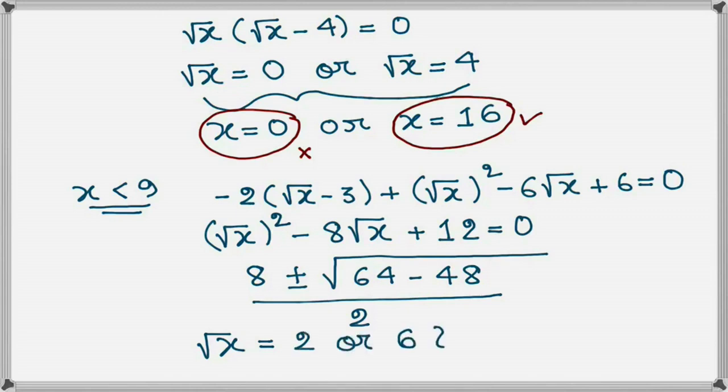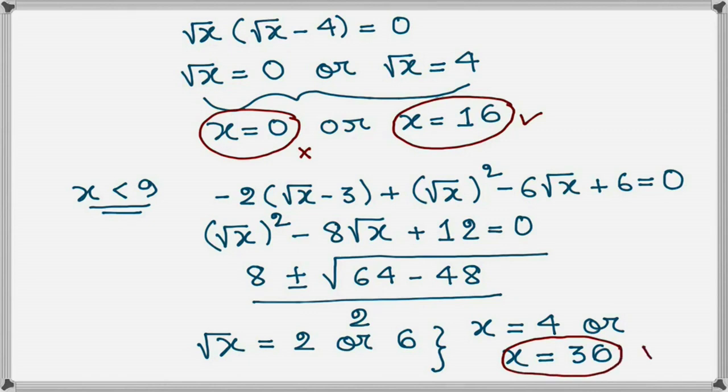So from here we get that x is equal to 4 or x is equal to 36. Now since x is strictly less than 9 in this case, x equals to 36 is not possible and x equals to 4 is possible.